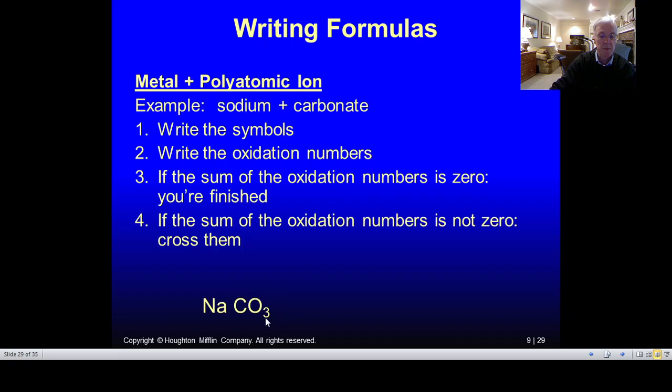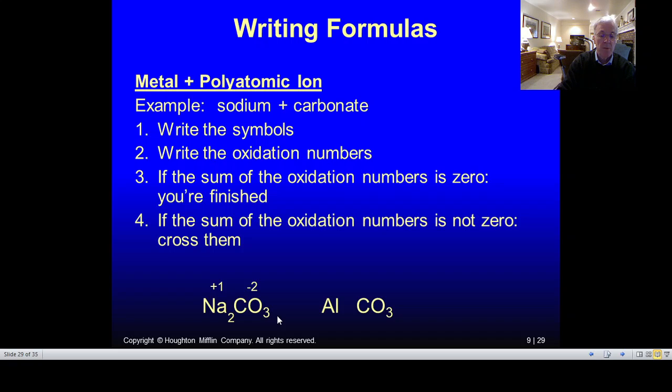CO3 is the symbol for carbonate. You have this on your list of polyatomic ions. Sodium has an oxidation number of +1. The charge on carbonate is -2. They do not add up to 0, so we cross them. The 2 comes here, and the 1 would come over here, but like I mentioned before, we usually don't write the 1s as a subscript.